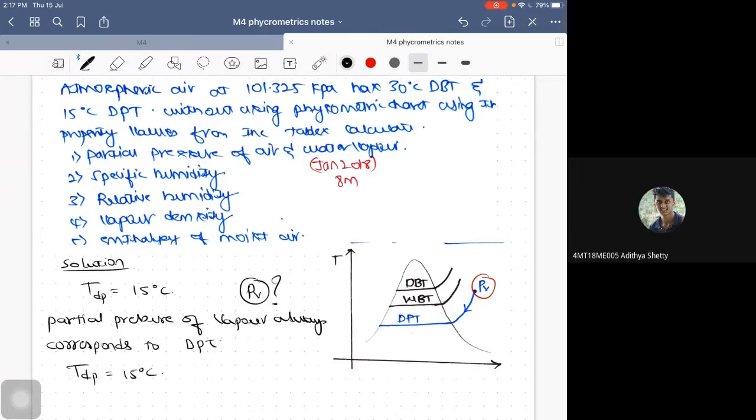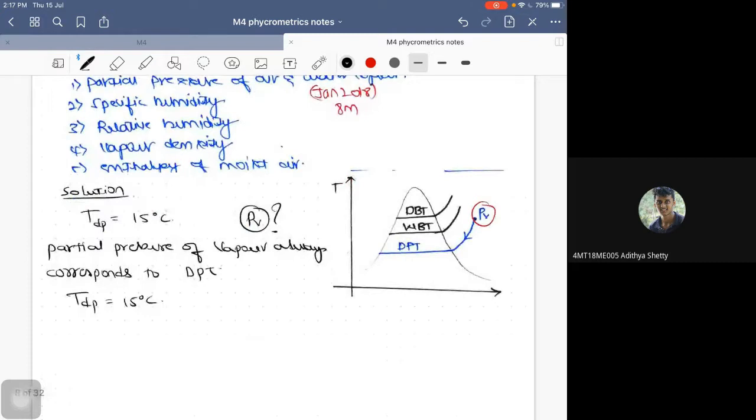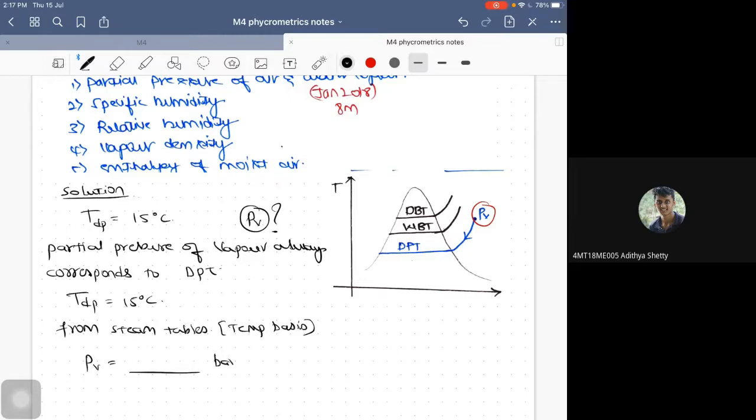Okay, so from the steam tables, on the temperature basis, can I have the value of PV? I guess you will get it in bar. So all of you refer to the steam tables. Corresponding to the DPT will always be the value of PV.